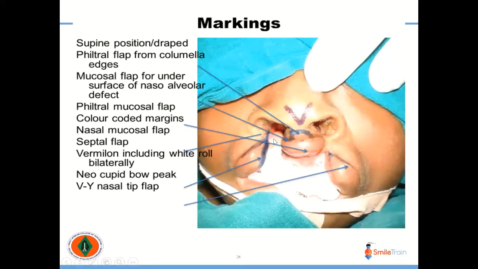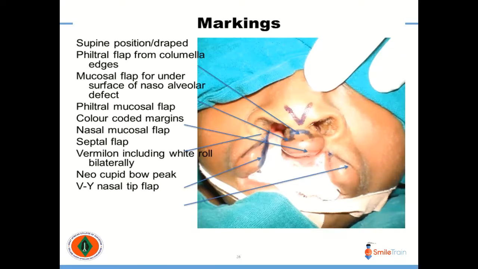You will go along the difference in terms of the skin color and then go upwards so that you'll be able to lift that and bring it towards the septal flap, which is actually a continuation of your prolabial flap. Then you use the vermilion from the white and incorporating the white roll on both sides so that you will bring it to the midline.